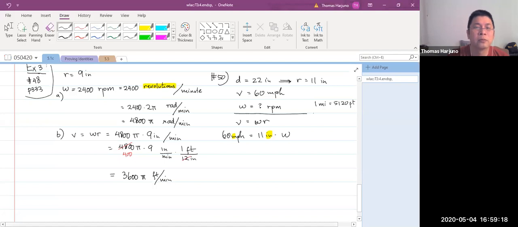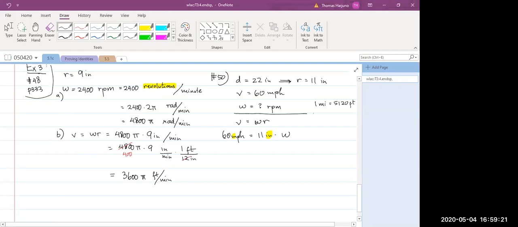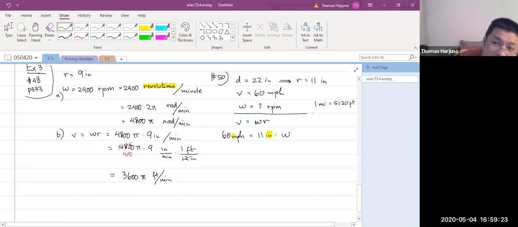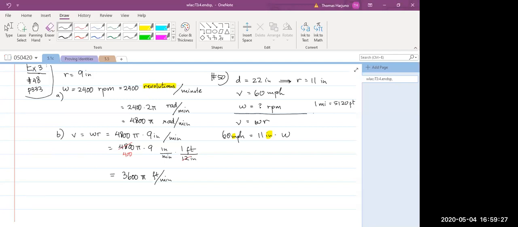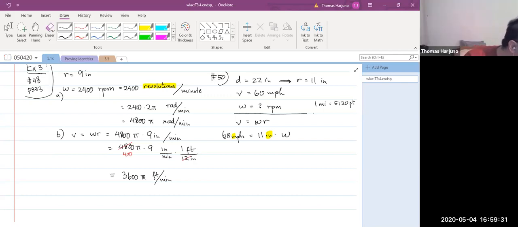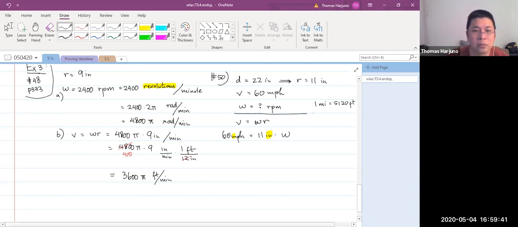Do we have to memorize that? Hello? Yes? Do we have to memorize that? I think I will need to give you that. But supposedly, if you take, for example, the SAT or GRE, they expect you to memorize this. But let me check. I somehow think it's 5,120, but it could be 5,280.